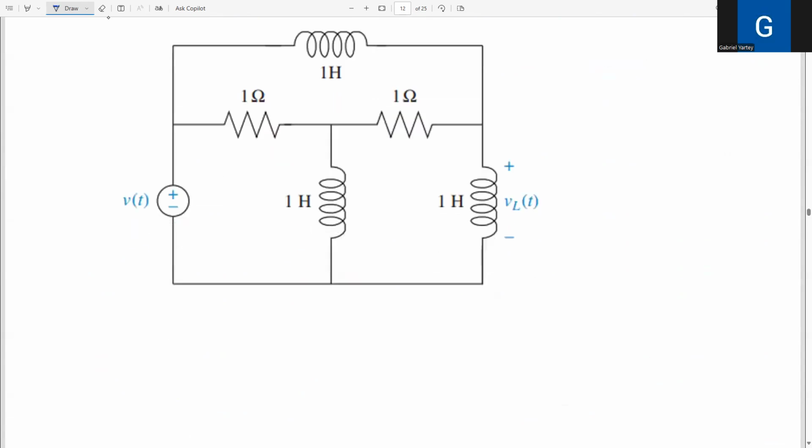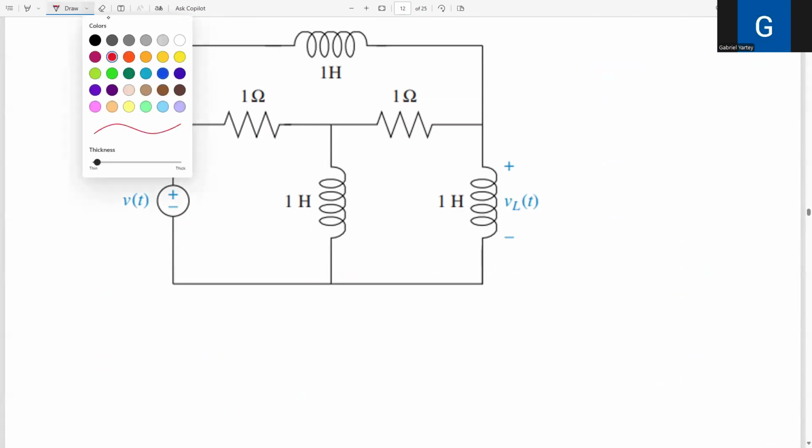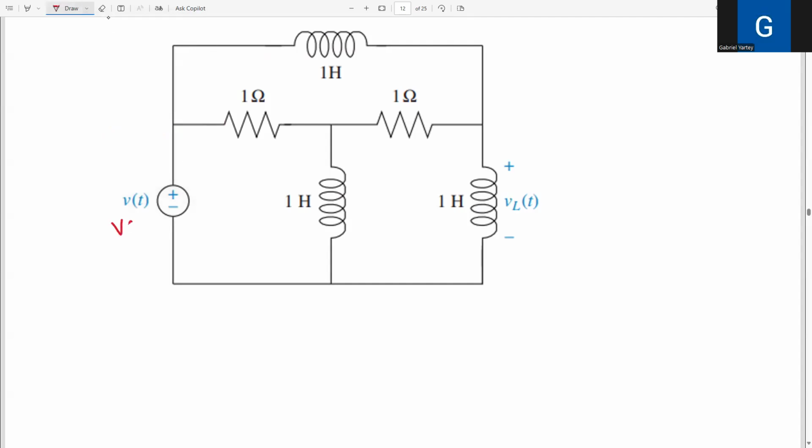So the next one, this is it. You have to convert the circuit into its Laplace equivalent. Your V of T is going to change to V of S. Your resistance is the same thing, 1.